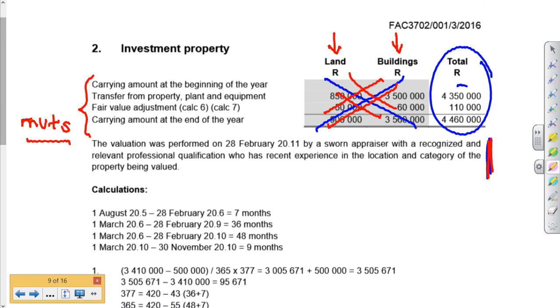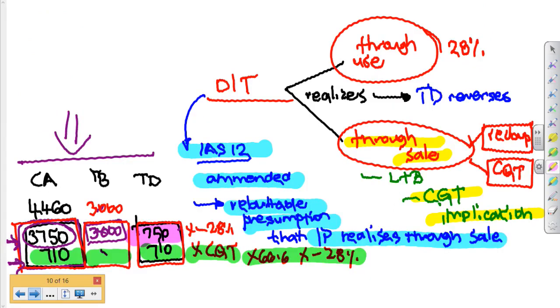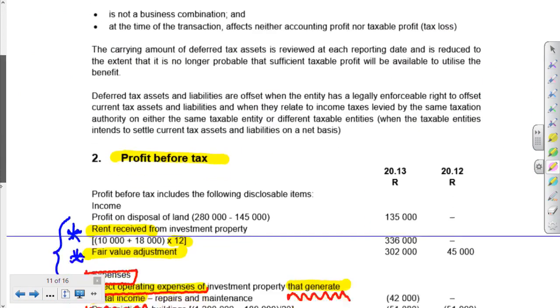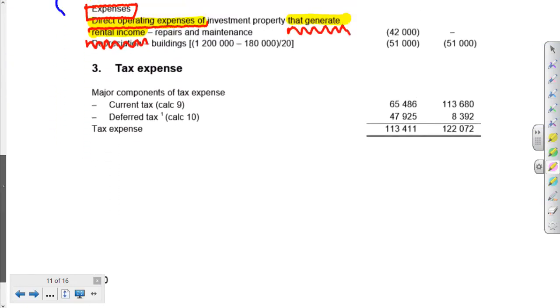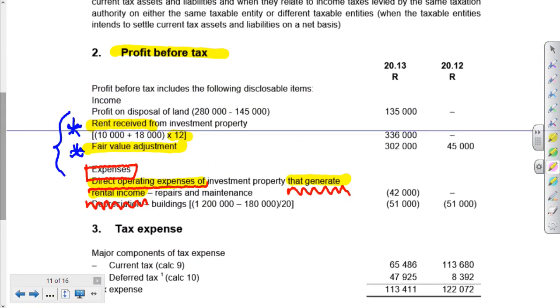And then the other important note is the profit before tax note. It's on page 110 in your study guide, showing the rent, the fair value, and the operating expenses. If they ask you an investment property question, they could just say disclose in the notes. If they do that, you have to prepare both of those notes.